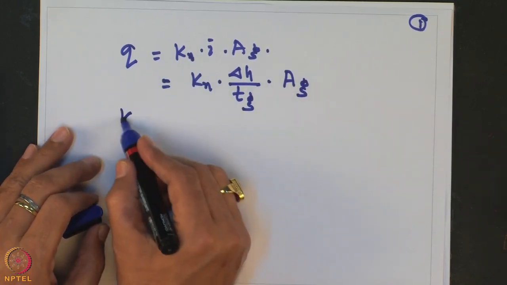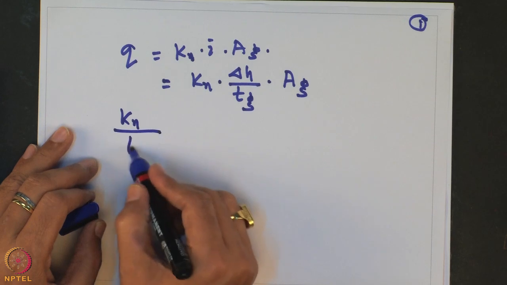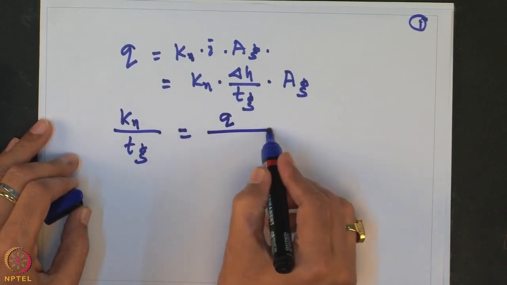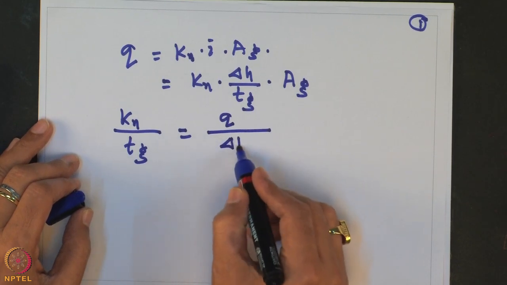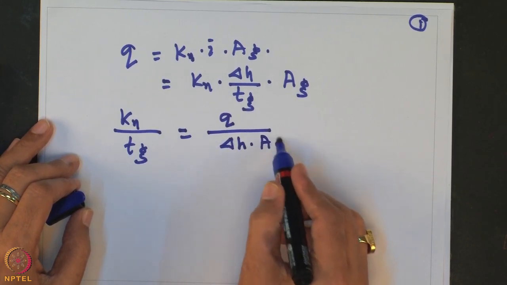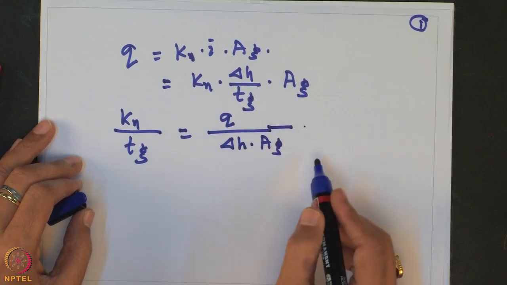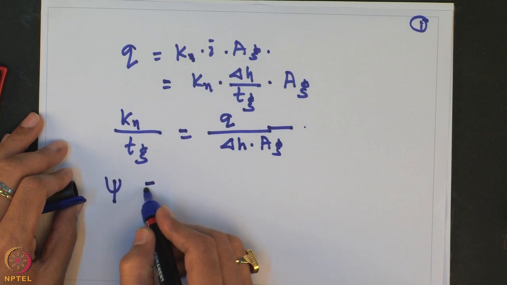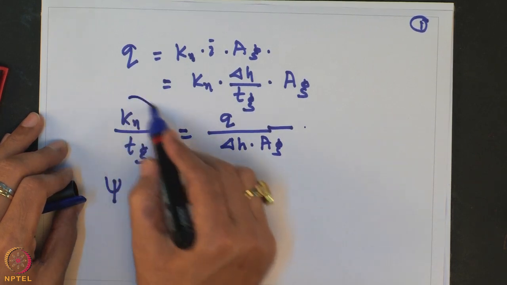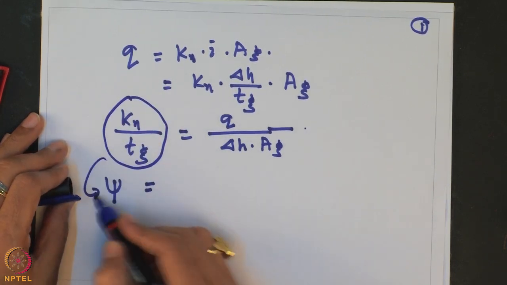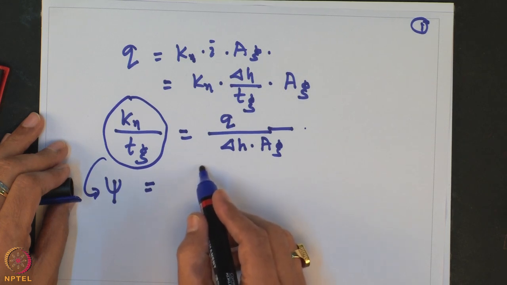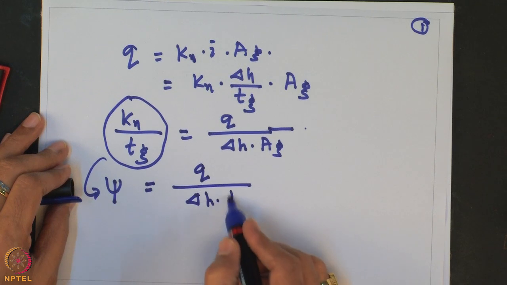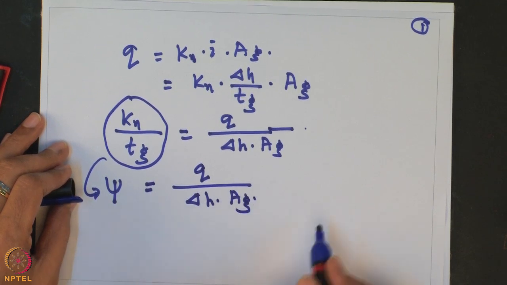So you can write k_n / t_g = Q / (Δh · A_g). This is psi, the permittivity, which equals Q divided by Δh times A_g.